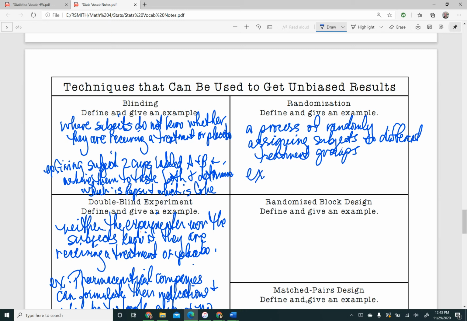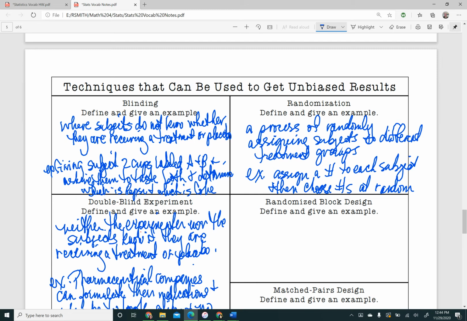So, for example, assign a number to each subject and then choose numbers at random. Sometimes I do groups that way.